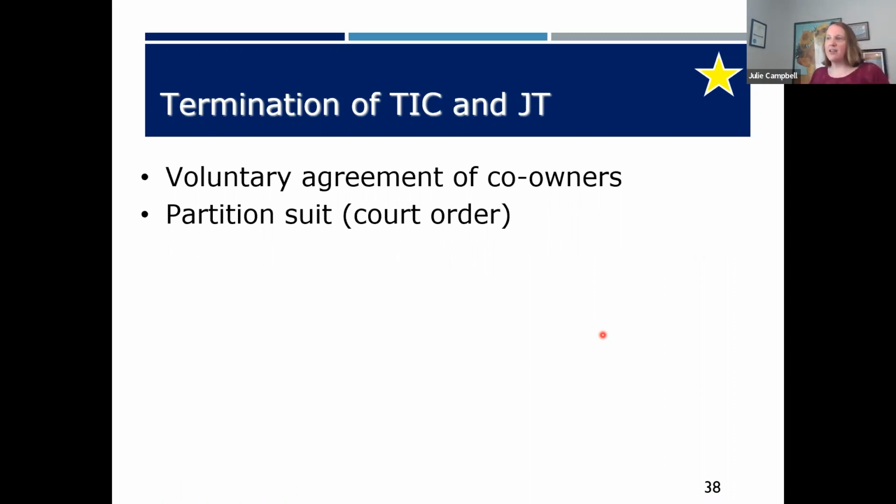So if the court has to get involved, they may divide the land. They may require them to sell. Just depends on the mood of the judge that day, doesn't it? So how do we end tenancy in common or joint tenancy? Either they sell or the court takes the property or divides the property.